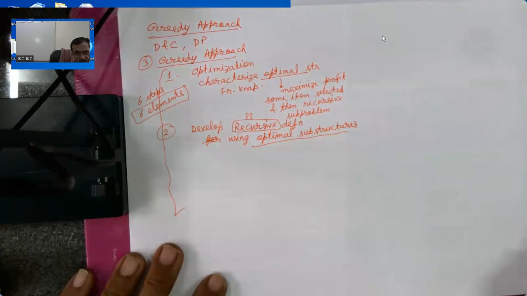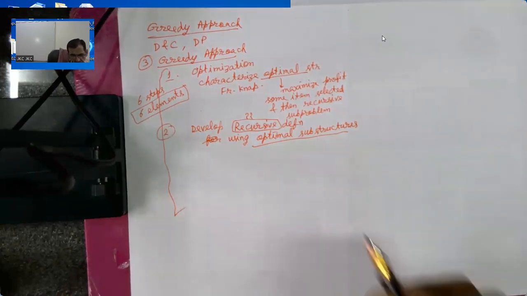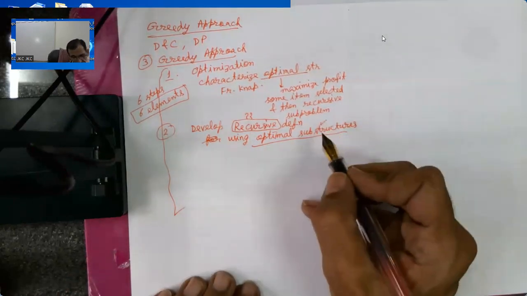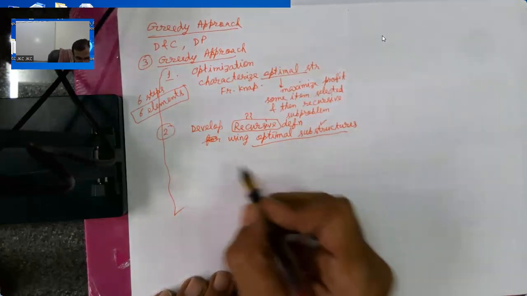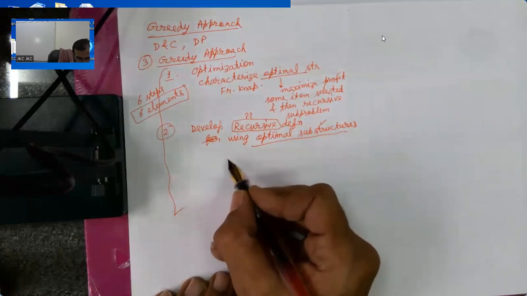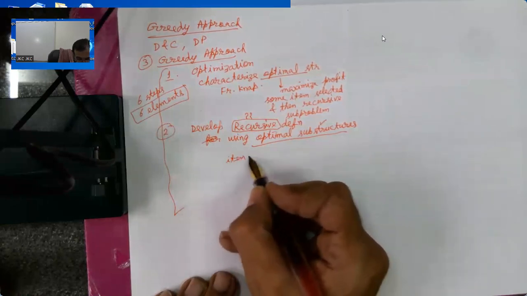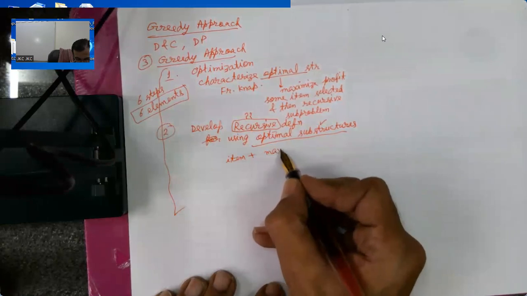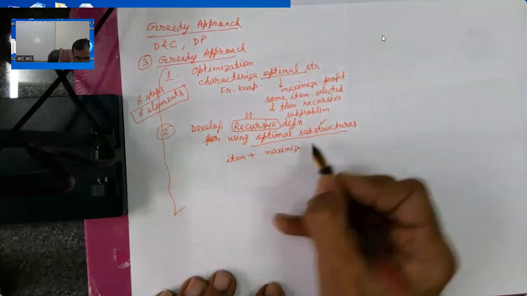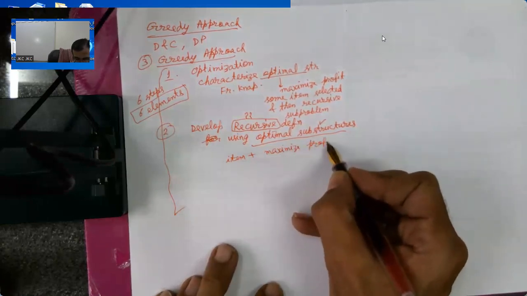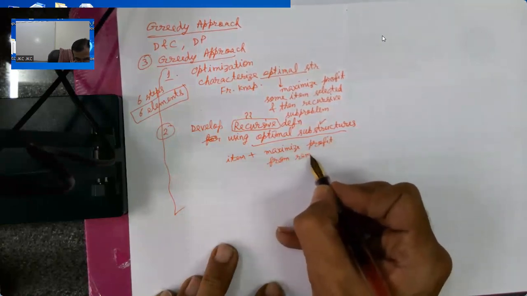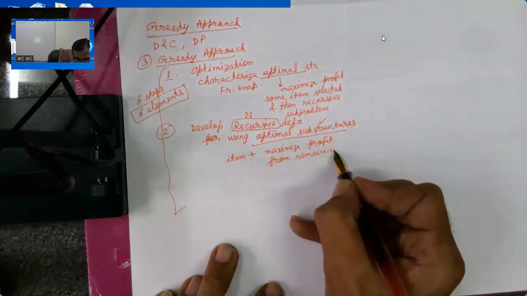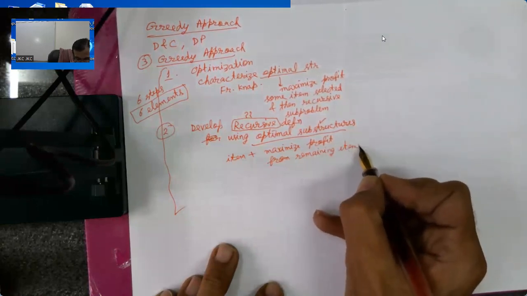Even if you don't get a recursive solution planned, I want optimal substructures being solved through some mechanism. For example, find initially an item and then maximize profit from the remaining items and remaining total weight.